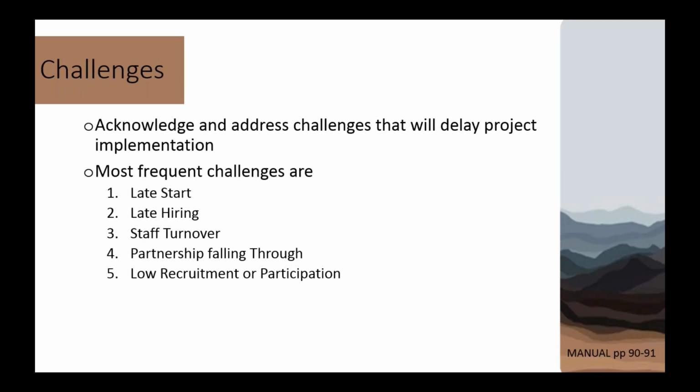Okay, challenges. This used to be called contingency plans for a couple of years, but basically it's challenges. Everybody who's ever managed a grant before knows, I can guarantee you, it never goes off exactly how it was written in your proposal. And ANA realizes that. They realize that there are always these challenges that happen.